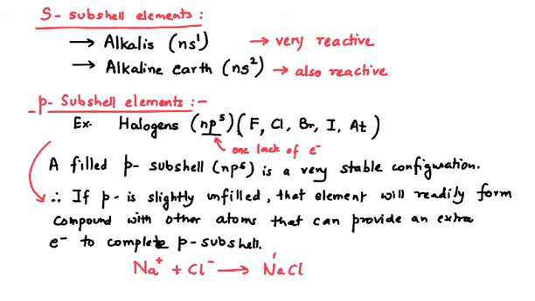The extra electron of Na goes into the p subshell of chlorine to make it completely full. That way it makes a compound. The p subshell series is diamagnetic with a characteristic negative magnetic susceptibility.